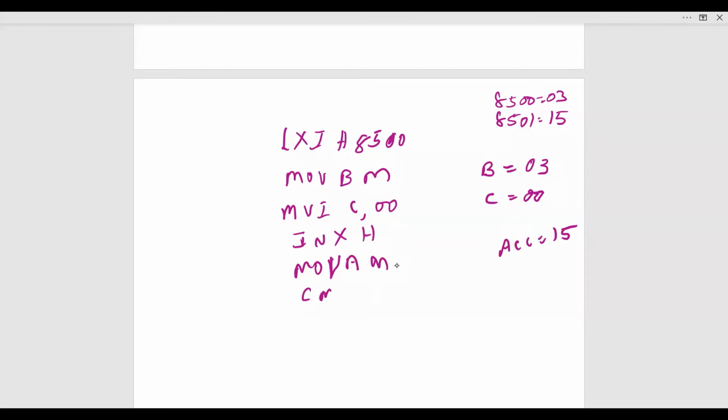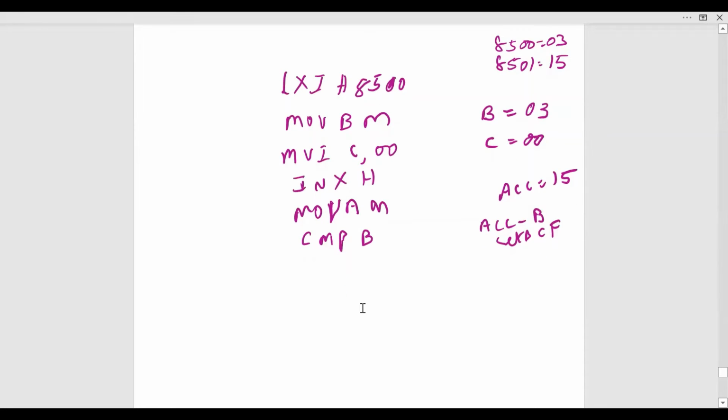Compare B. Compare B subtracts the contents of B from A and sets the carry flag. So it subtracts the accumulator minus the contents of B and sets the carry. Here the accumulator consists of 15 and B is 3. 15 minus 3, there is no carry.